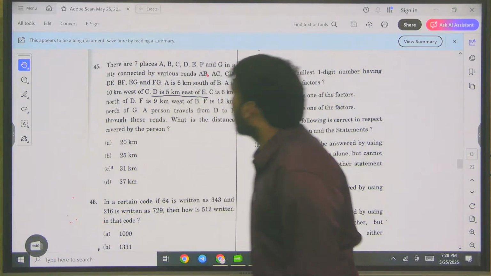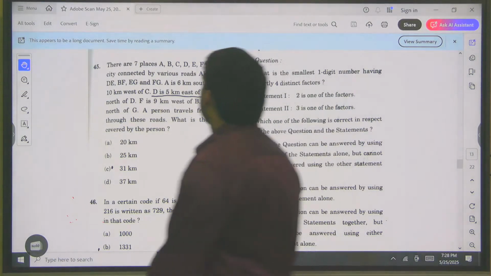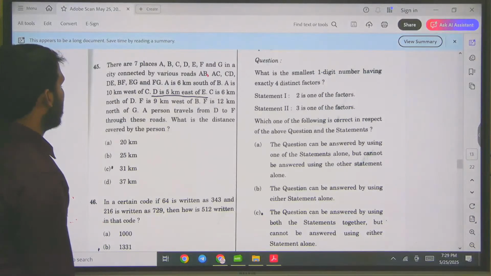So, directions related question. There are 7 places A, B, C, D, E, F, G connected.